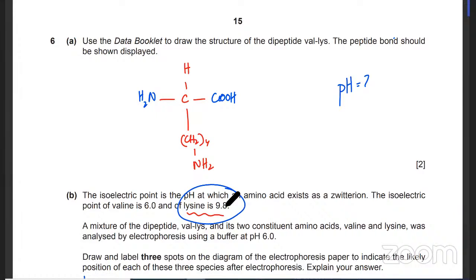The isoelectric point is 9.8. pH 7 would be too acidic for lysine. The environment would be too acidic, so the base will react. So in an acidic environment, the base is the one that's going to react. So only this part would accept H plus 1. That part will not be able to lose H plus 1.